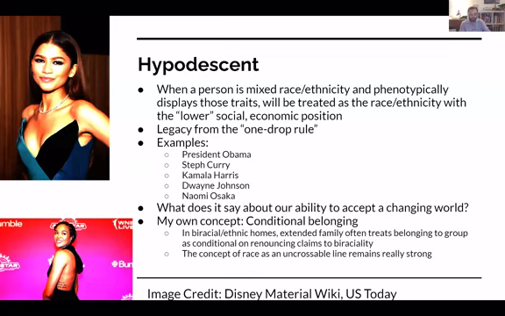And beyond that, for the folks that actually are mixed, I did a significant amount of research late in my undergrad and early in grad school on what I call conditional belonging, which is the idea that in biracial or ethnic homes, the extended family often treats the biracial individual as belonging to their group only if the person renounces their claims to the other group.